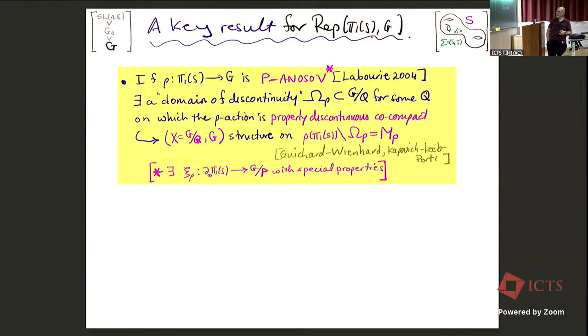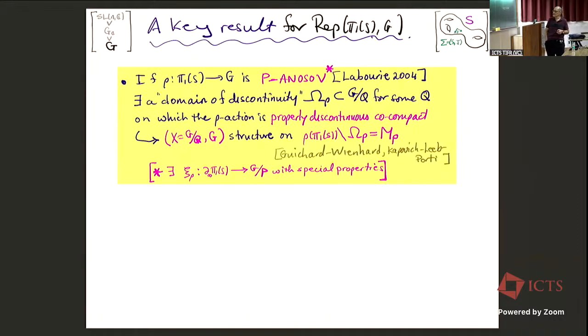And as a result of this, you can identify a space on which there is a geometric structure defined by the group G. This space comes from a domain of discontinuity in a homogeneous space that is G mod Q, where Q is some parabolic subgroup, not necessarily the maximal compact.